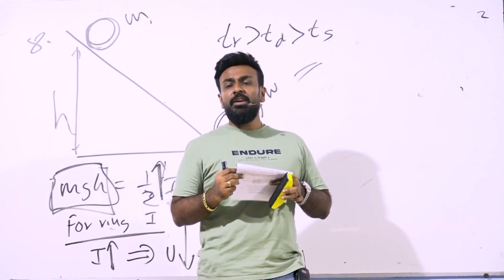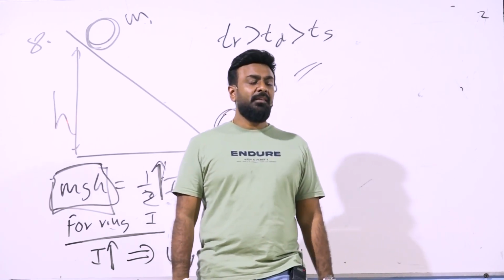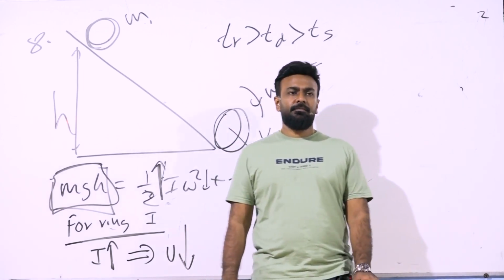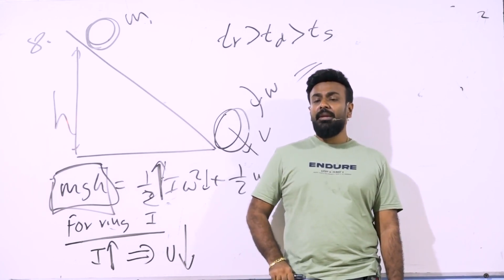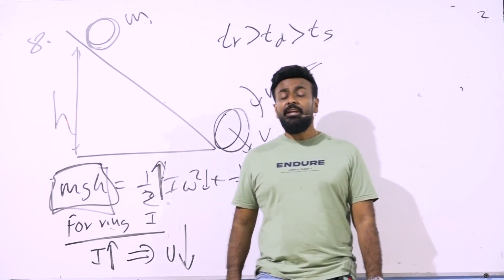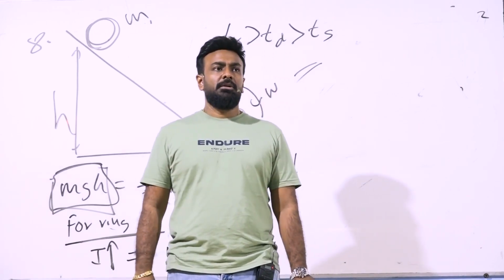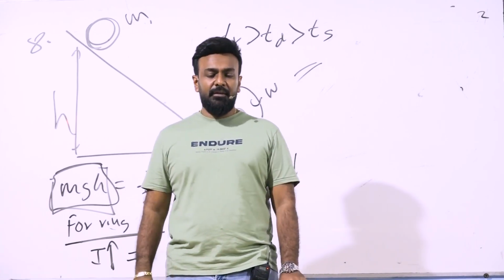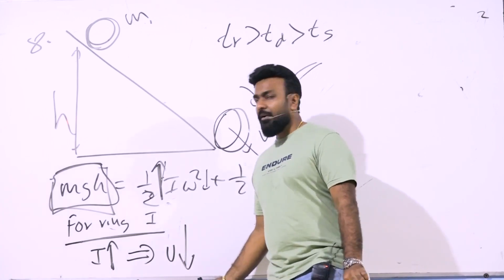So V is lowest for the ring. It means the ring takes the greatest time. Now you can note whatever you need.